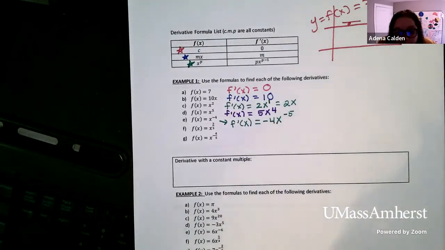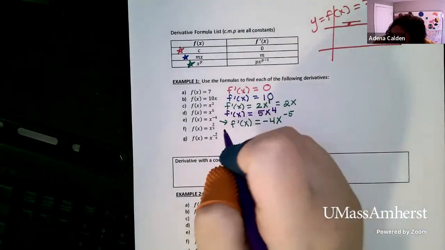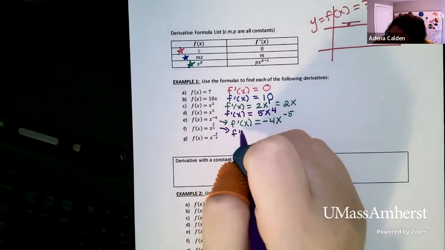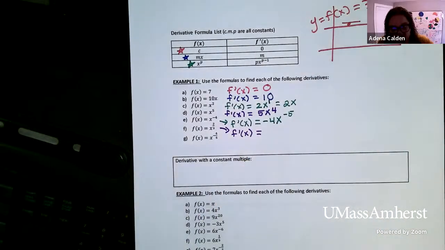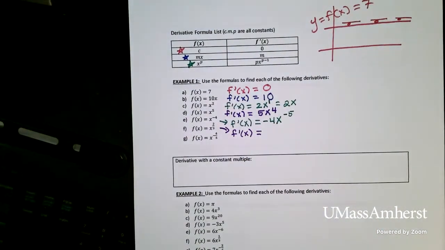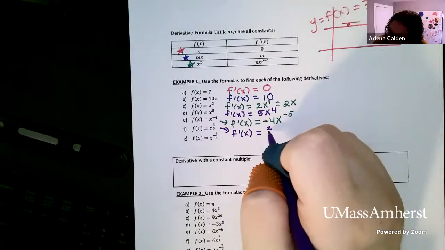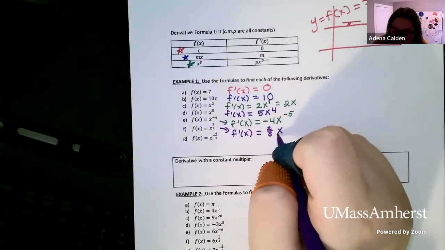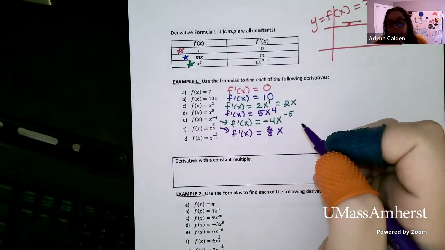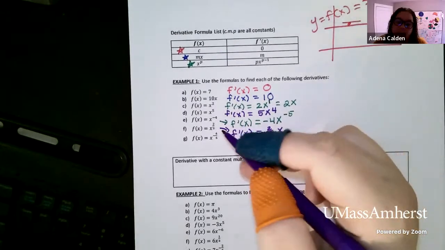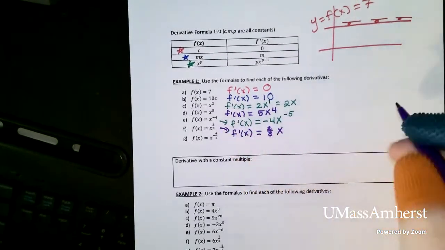For F, I have x to the 2/3. So when I take the derivative, again, the entire power comes down in front. So 2/3 x. And now I have to subtract 1 from the power. So again, I'm going to be really careful. 2/3 minus 1.